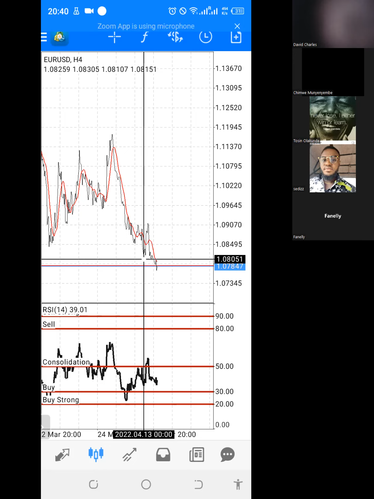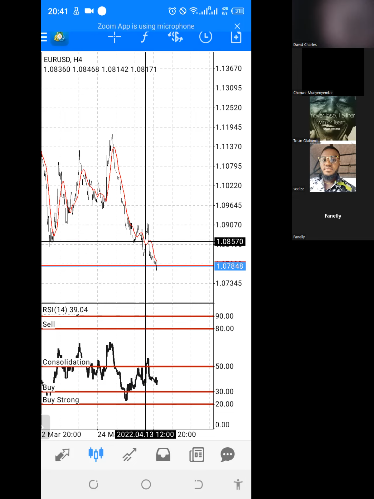Okay. So we can see that will be our entry. And then let's say our take profit is somewhere around 1.08570. That's our TP.